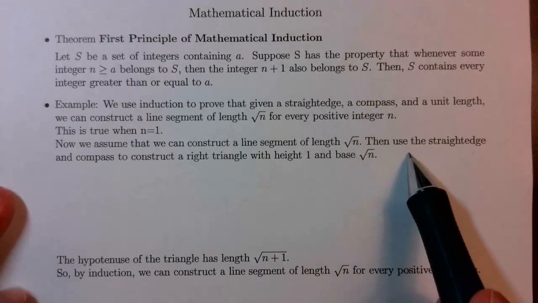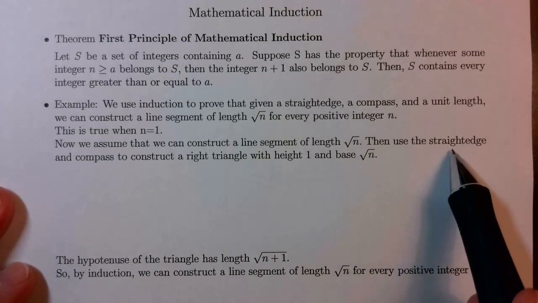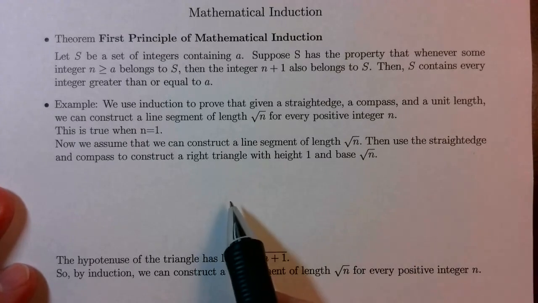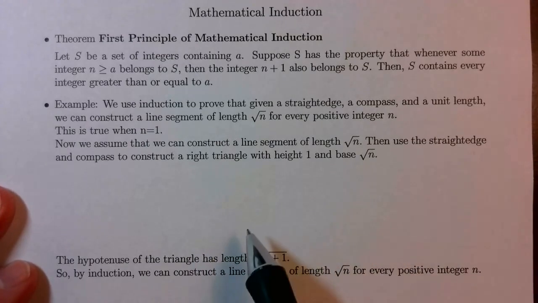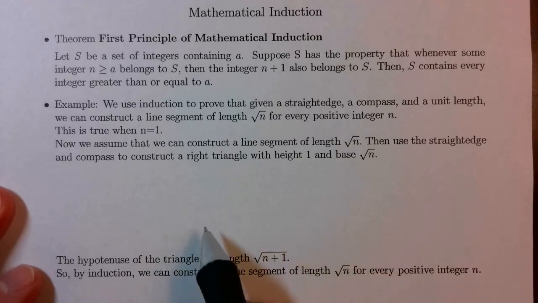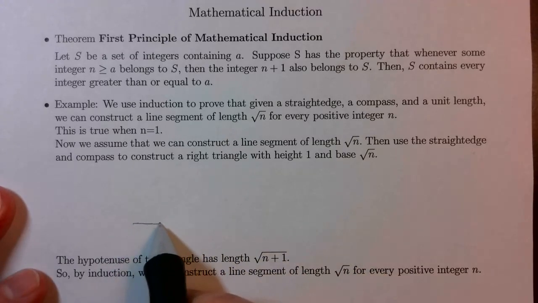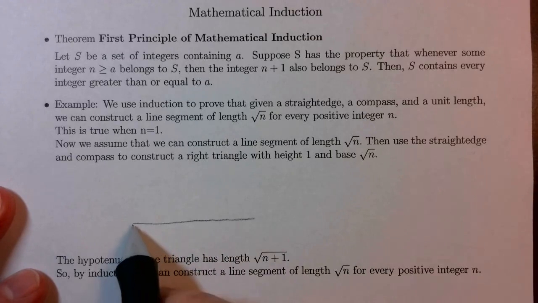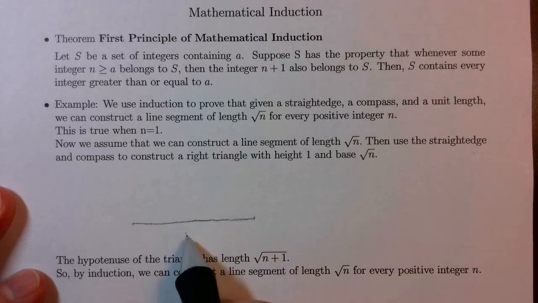Then we use the straight edge and compass to construct a right triangle with a height 1 and base root of n. So this is the base root of n.